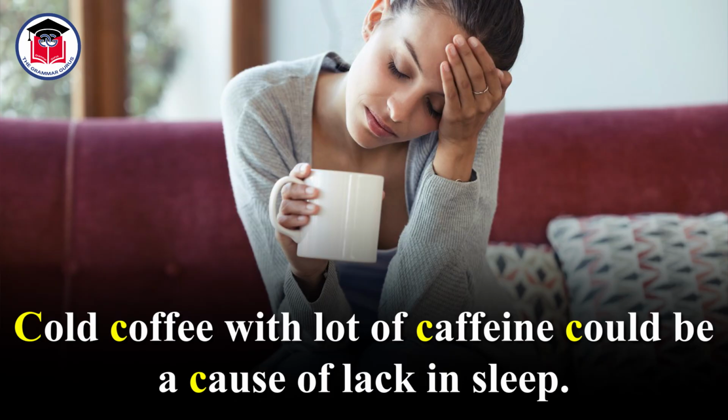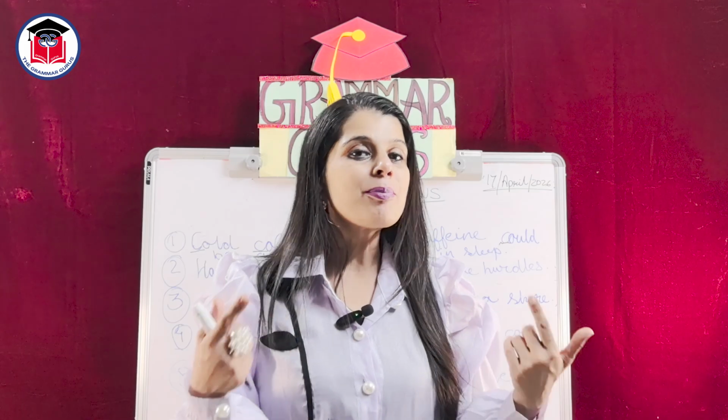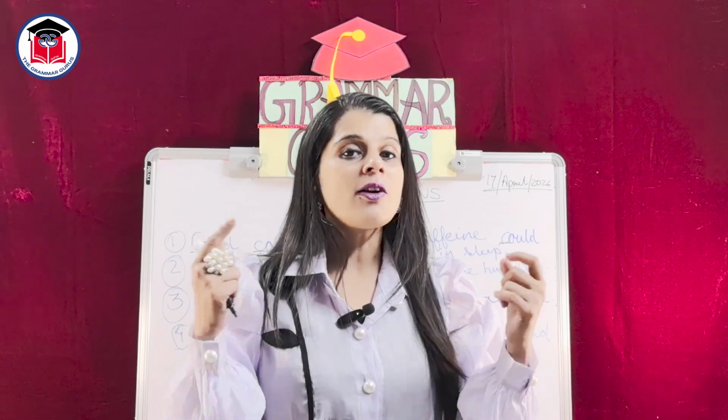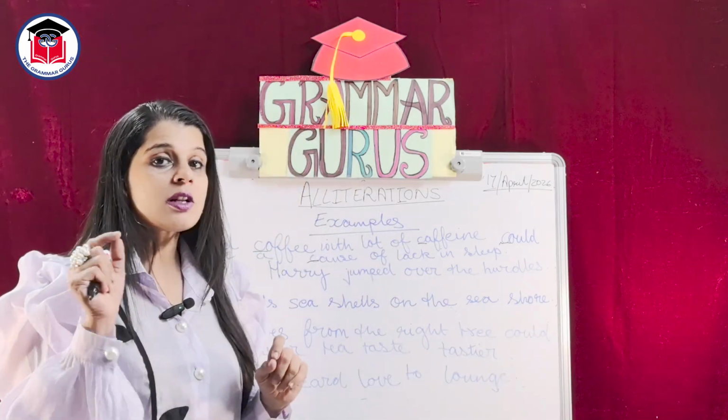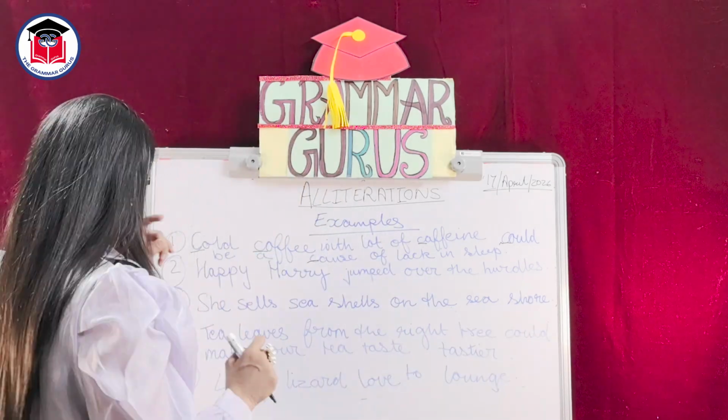In cold, in coffee, caffeine, could be, and cause. So here also, the words are not placed right next to each other, but when I read the sentence, the consonant k sounds so repetitive. This is called alliteration. Remember, the consonant sound has to be the same.